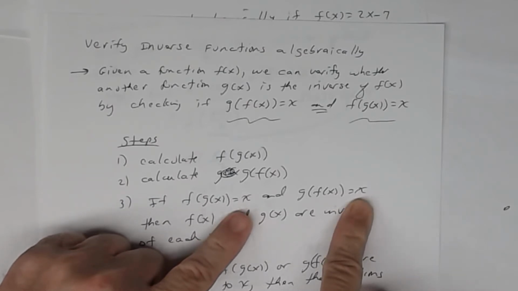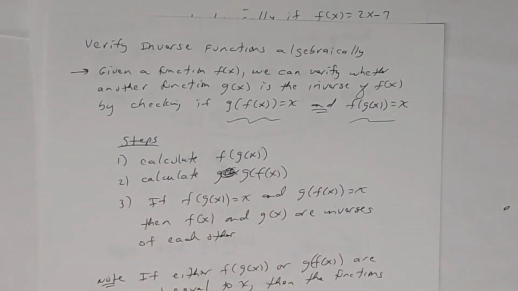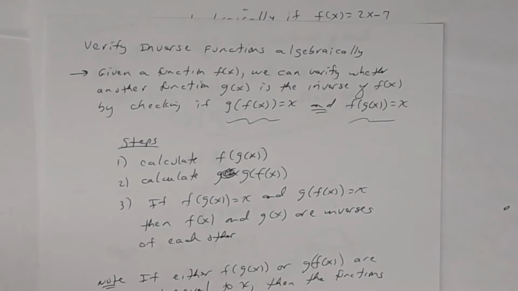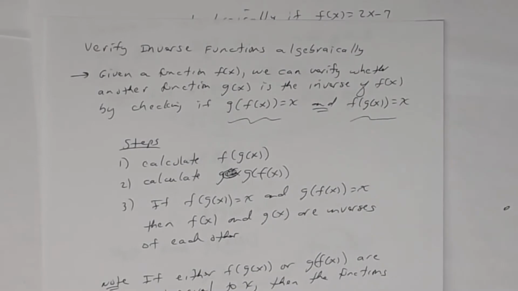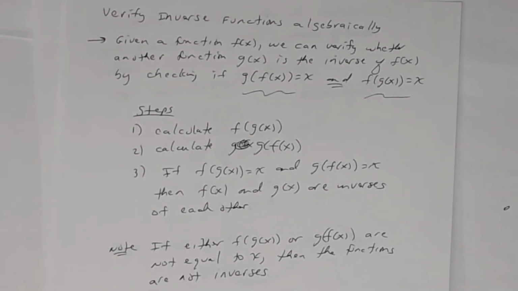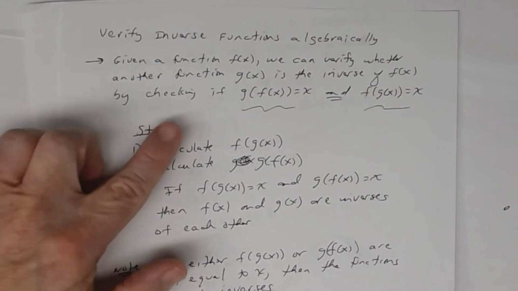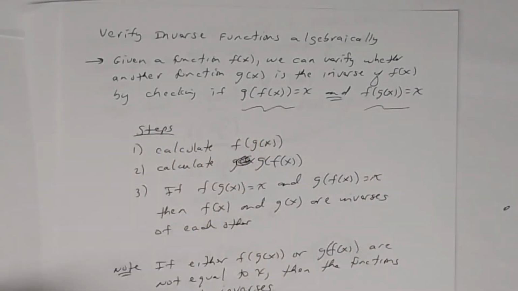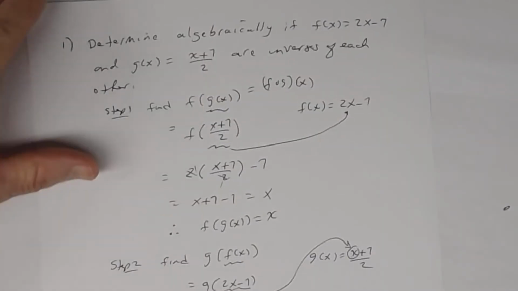All right, now generally, if one's equal to x, the other one's equal to x as well, but there are some situations, when you're dealing with square roots, where depending on the domain and range, if they're not compatible, they're not going to be able to both be equal to x. All right, so that's the only situation. But in our cases, if they're inverse of each other, then both of these will both be equal to x. All right, so if one is equal to x, the other will be equal to x. All right, that's number 1.